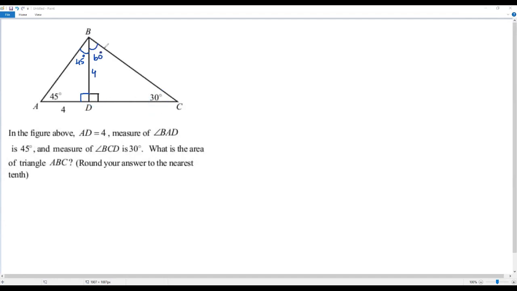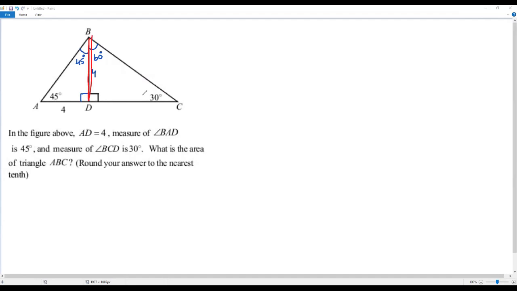This right triangle BCD is a special right triangle, a 30, 60, 90 triangle. In a 30, 60, 90 triangle, the side opposite the smallest angle, 30 degrees, is the shortest leg. Here the side BD is opposite the 30 degree angle, so it is the shortest leg of this right triangle.